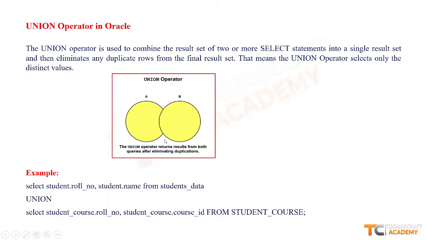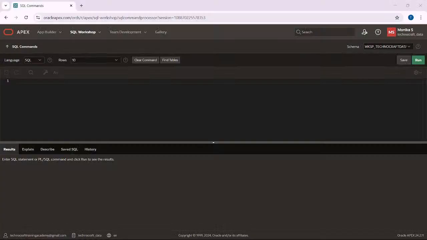Let's try to run this example in our Oracle Apex. I have already loaded the data for both tables, students data and students course, so I'm just going to do a select star from both the tables.